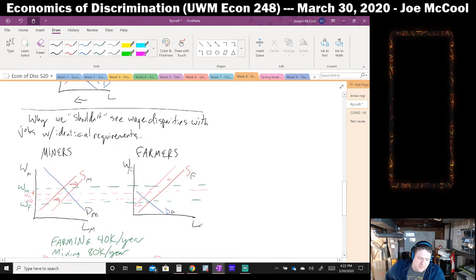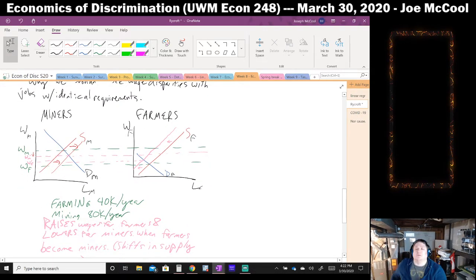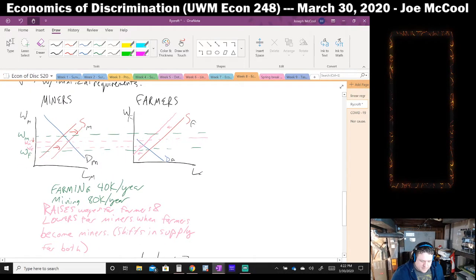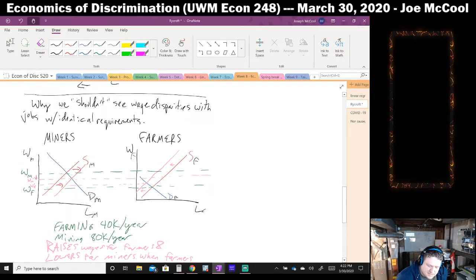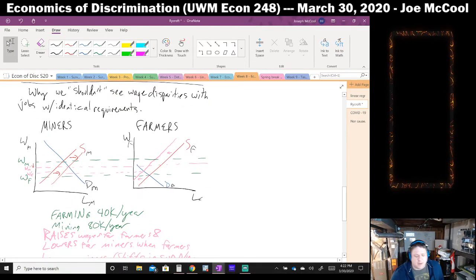So remember, and this is the key one, right? Now that we've looked back over the basics from the last couple of weeks, remember we were looking at reasons that we shouldn't see wage disparities between jobs that have identical requirements. If they're identical requirements and basically identical jobs, like working at Walmart versus working at Target, you're doing the same job and you don't need any additional training to switch over.